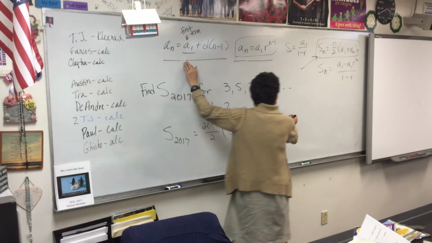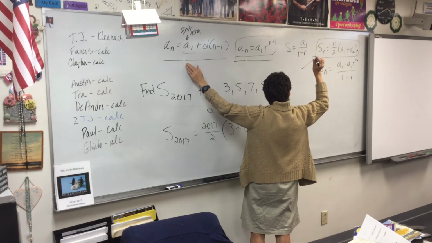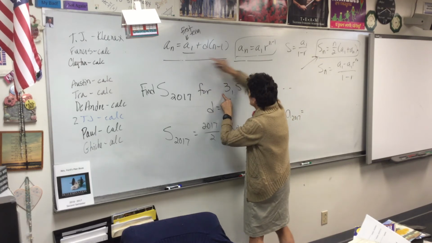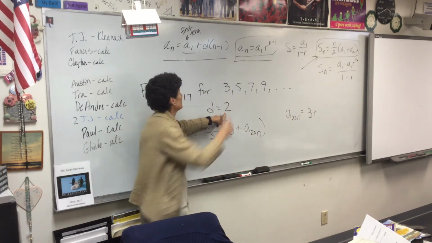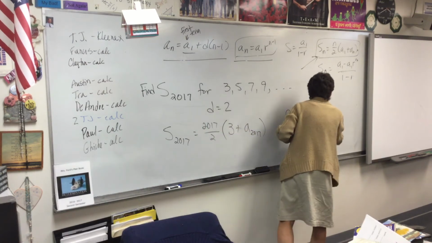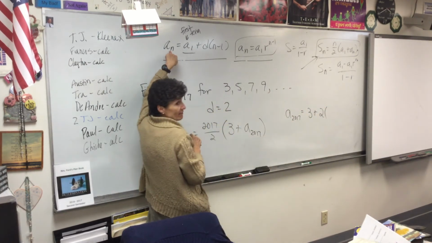So over to the side, Austin, pay attention, that term is the first term, which is 3, plus the common difference, 2, which you already told me was 2. Now, what's n? 2017.